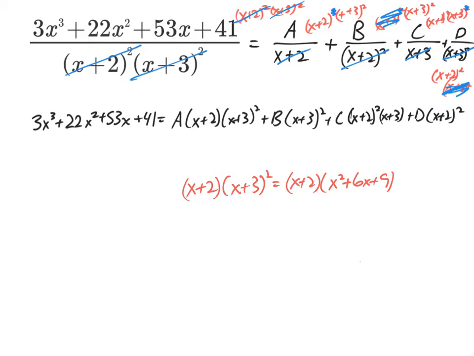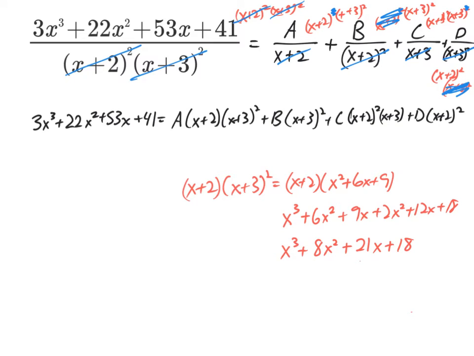And then I distribute that in, and I end up getting x cubed plus 6x squared plus 9x plus 2x squared plus 12x plus 18. So that will all be x cubed plus 8x squared plus 21x plus 18.